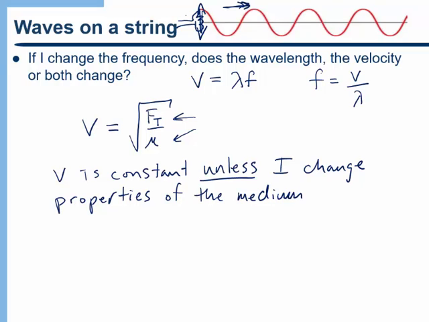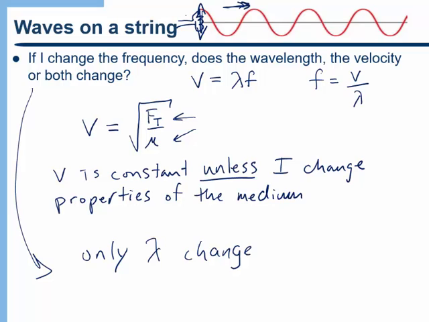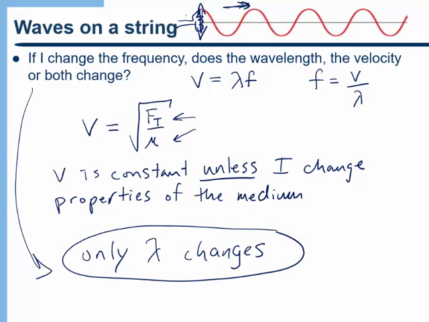And so therefore the answer to this question would be only lambda changes. So that's important: in general with this formula, unless the medium is changing, v is constant. So if f goes up, then lambda has to go down, and vice versa.